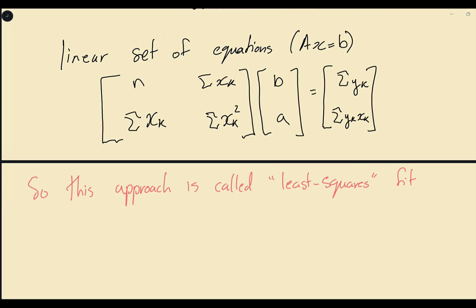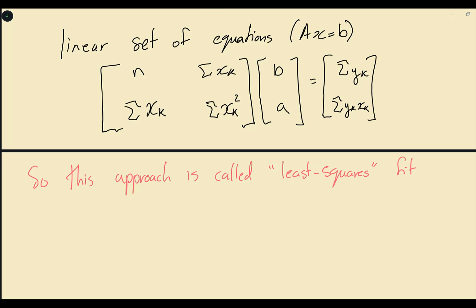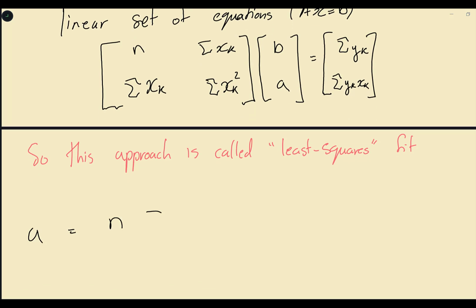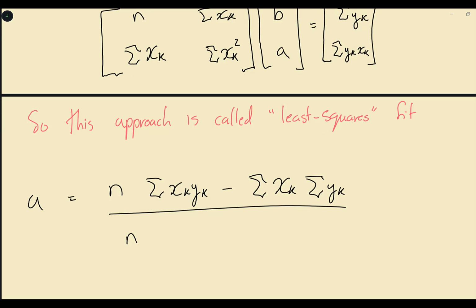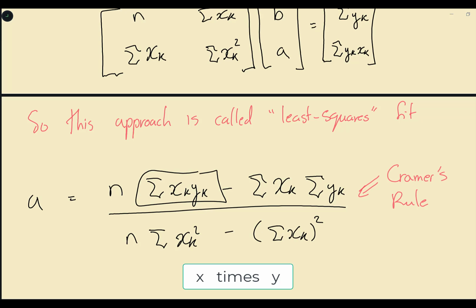And solving for A using Cramer's rule, we get the following equation. The important thing to note is whenever we have the sum of x times k, you have to do x times k for all of the points first and then take the sum.